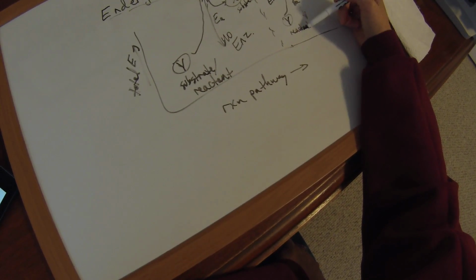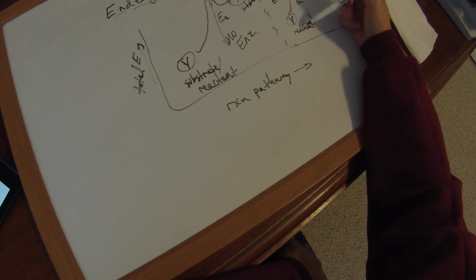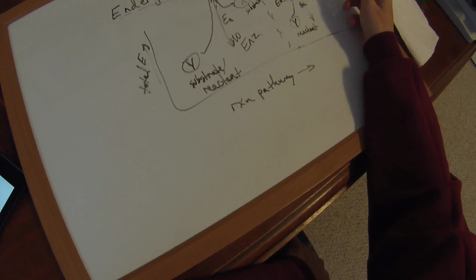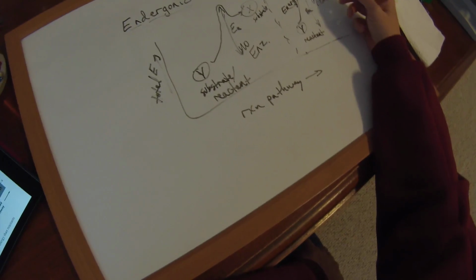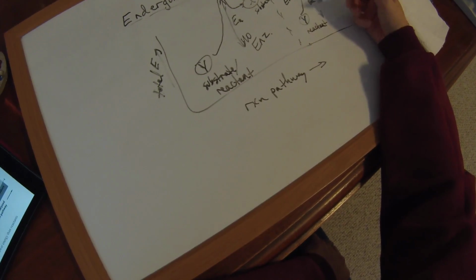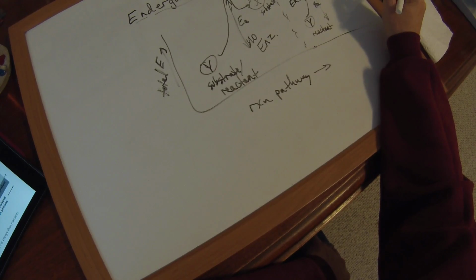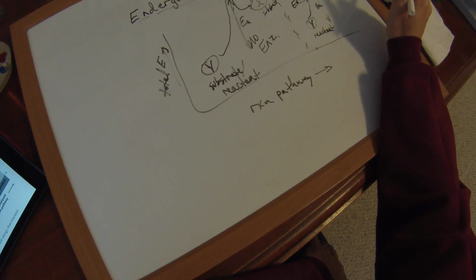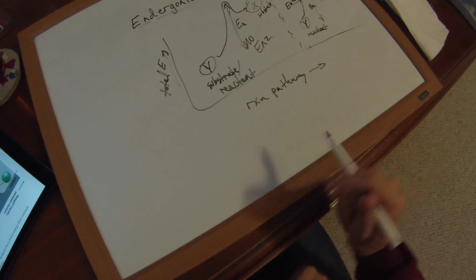So when our products have more energy than our reactants, we have to input energy into the system to create these new bonds to store this additional energy. But we still need enzymes to help perturb the bonds so that the new forms, the new products, can be made.